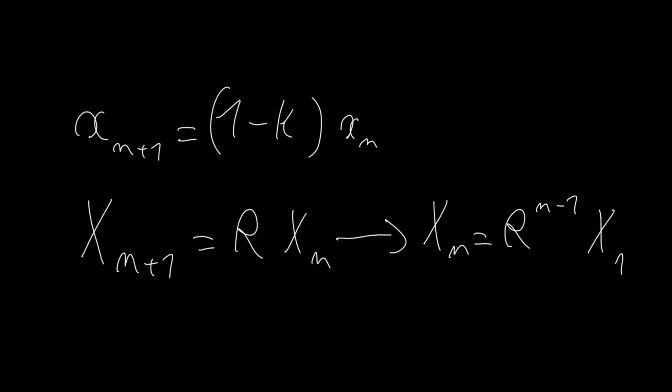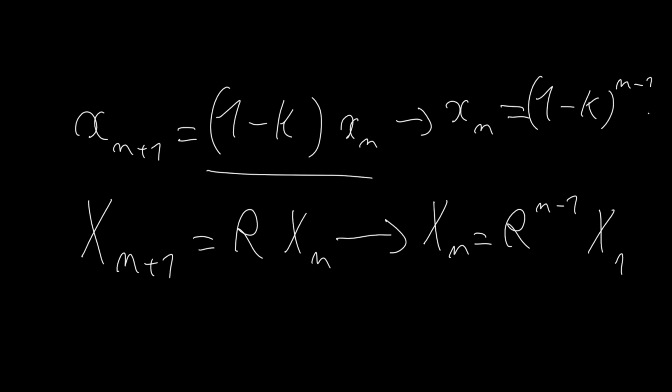By comparison, since these two equations are of the same form, you can directly figure out that the solution to this equation would be xn equals 1 minus k to the power n minus 1 times x1. And you can use this formula to check all of the ideas that we have discussed regarding the behavior of the population. This concludes our video.